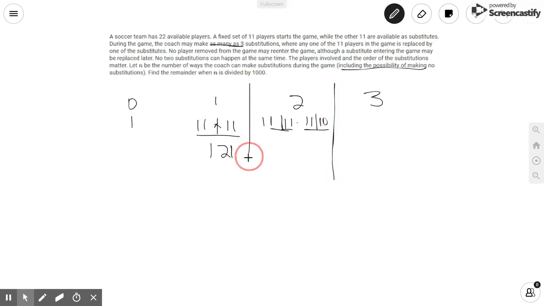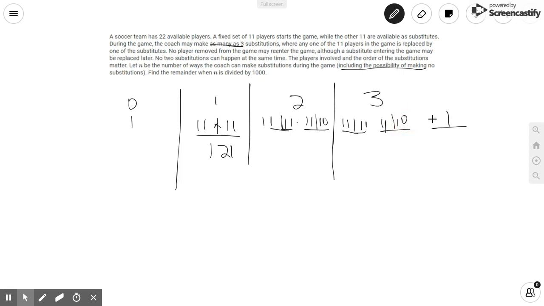So what if we do 3 substitutions? Well, using the same logic as earlier, we have 3 different substitutions that are happening, and each substitution can be subdivided into who's leaving the game and who is entering the game. Now, like the 2, it's going to be 11 and 11 for the first substitution, and it's going to be 11 and 10 for the second substitution.